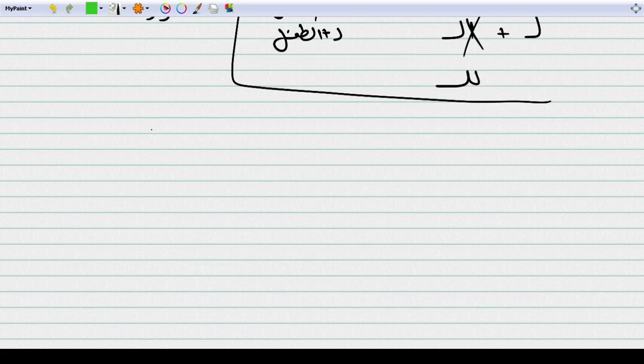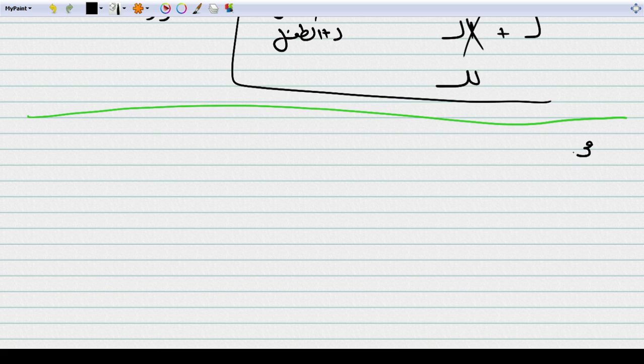It's a lot. Now, okay, the next one is very important, it is fi, which means in. It's literally like the only way I can think of fi is the meaning of in.